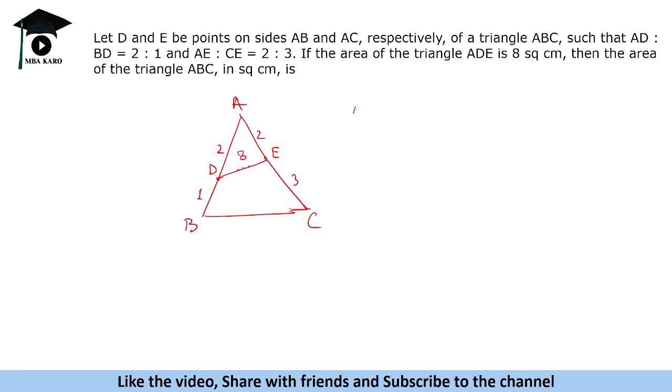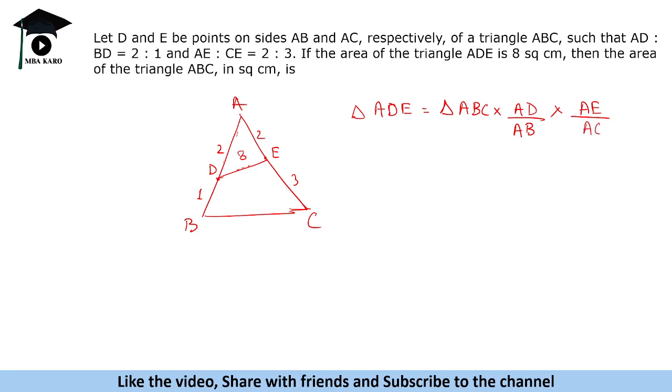So area of triangle ADE will be equal to area of triangle ABC into, in what proportion are we reducing the sides? So AD upon AB, the smaller side upon larger side. And we are also reducing this, so AE, side of smaller triangle upon side of larger triangle, AE upon AC.